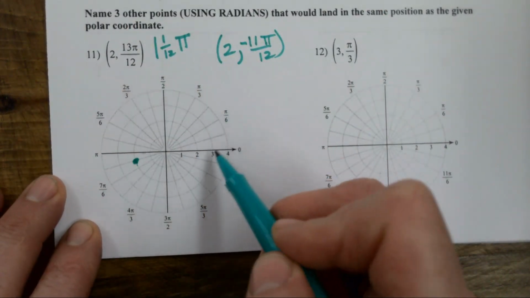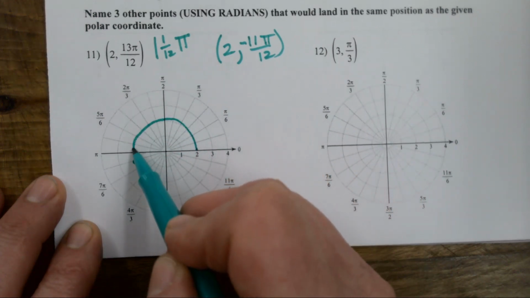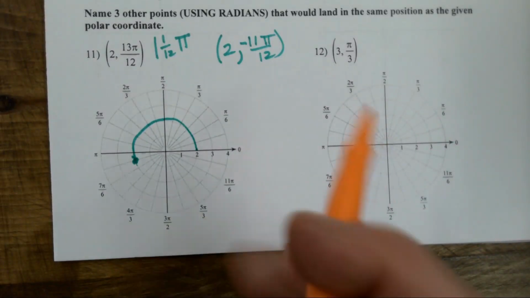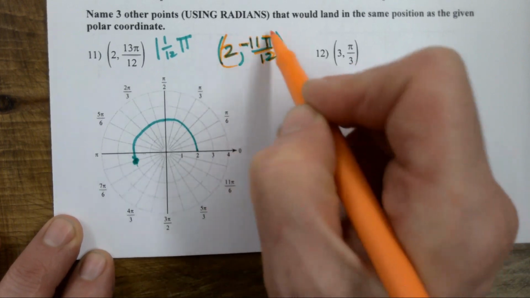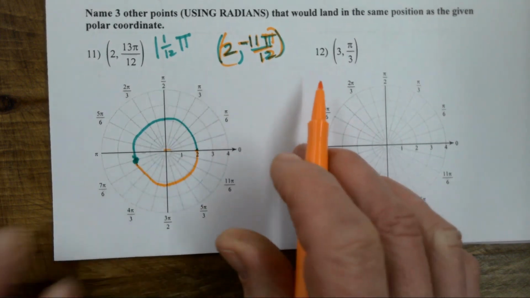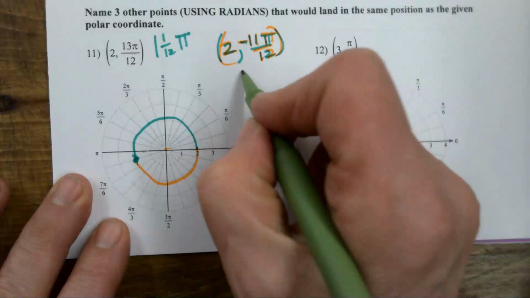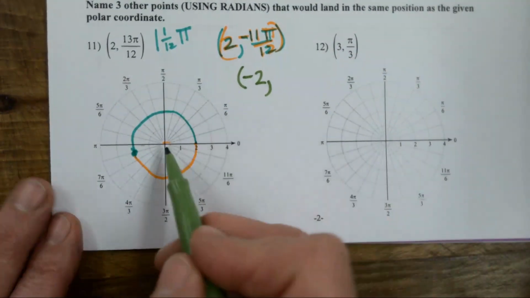So to get here, I would move 2 and 13 twelfths forward. Or, I'll do this one in orange, I could move 2 and 11 twelfths backwards. I can also do -2, meaning I start over here.